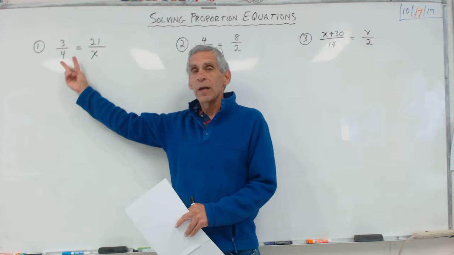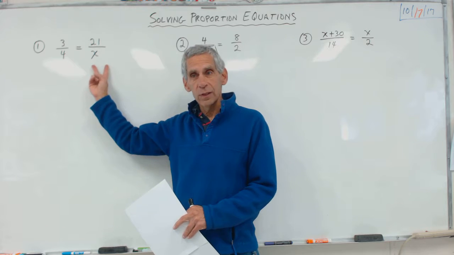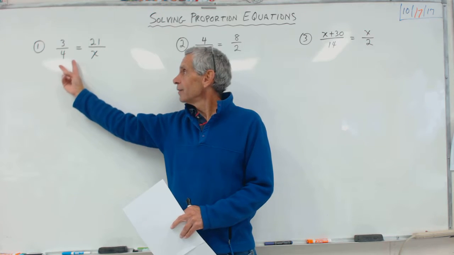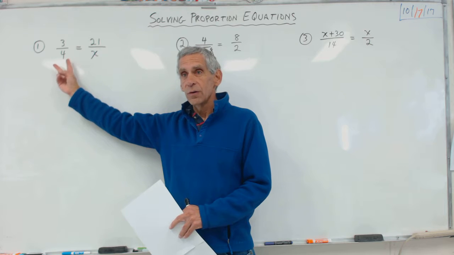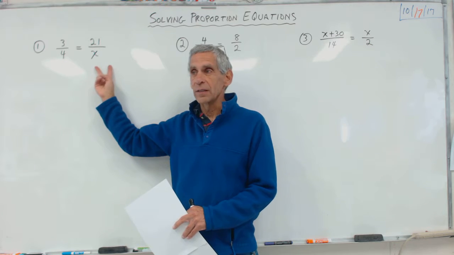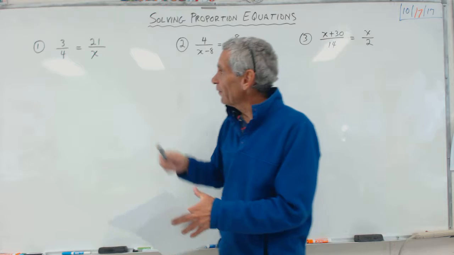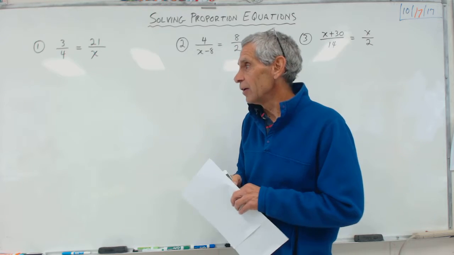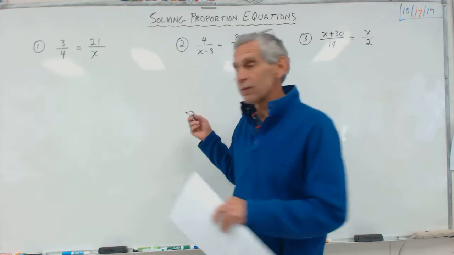A proportion is a ratio equaling a ratio, and a ratio is a fraction, so a fraction equaling a fraction. Now, there's a difference between these and other equations I've given you with fractions.